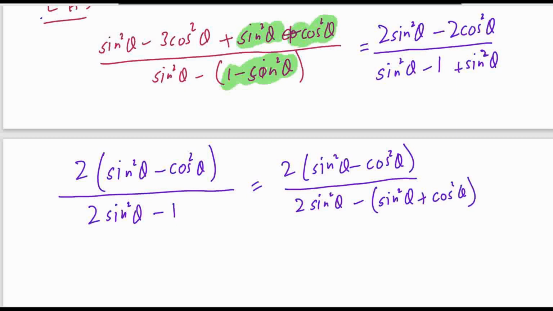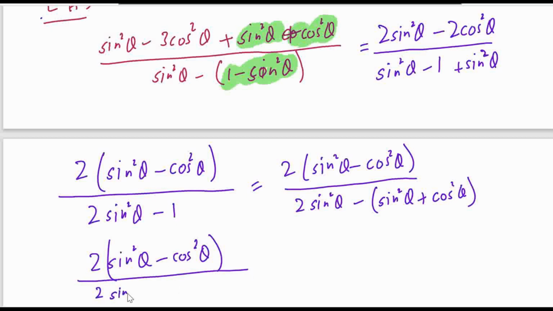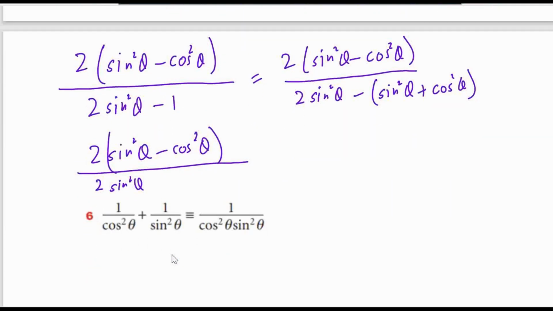So now if we rearrange it again and simplify it further, this will be 2 sine square theta minus cos square theta whole divided by 2 sine square theta minus sine square theta minus cos square theta.